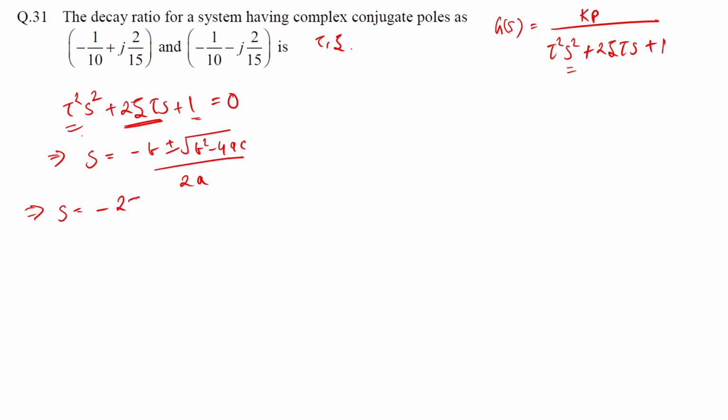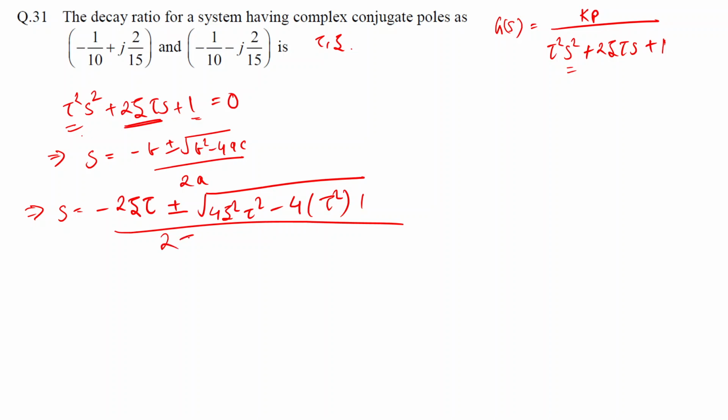So this will become minus 2 zeta tau plus or minus under root of b square, which will become 4 zeta square tau square, minus 4, a is tau square, and c was 1, upon twice tau square. You can simplify this further, so this 2 will get cancelled and it will become minus zeta upon tau plus or minus under root of zeta square minus 1 upon tau.